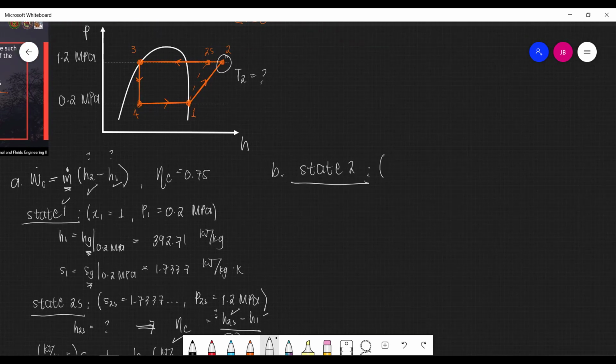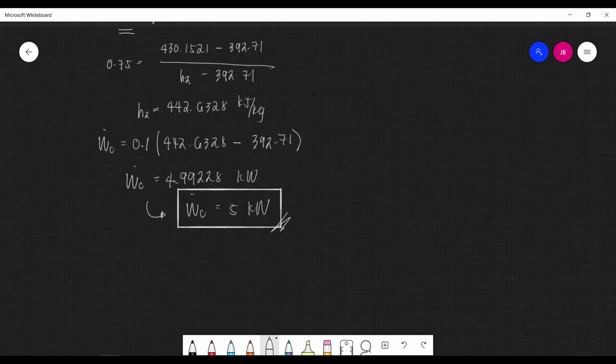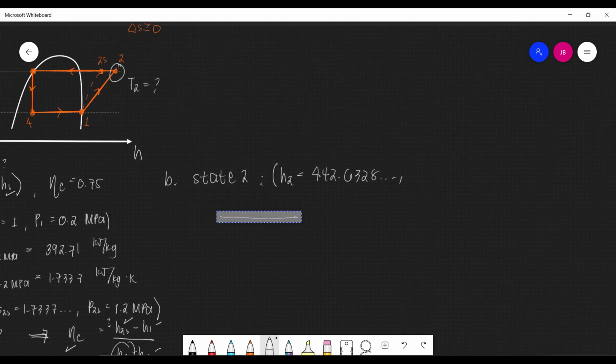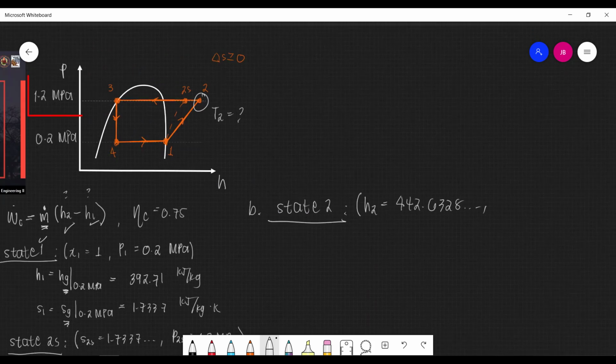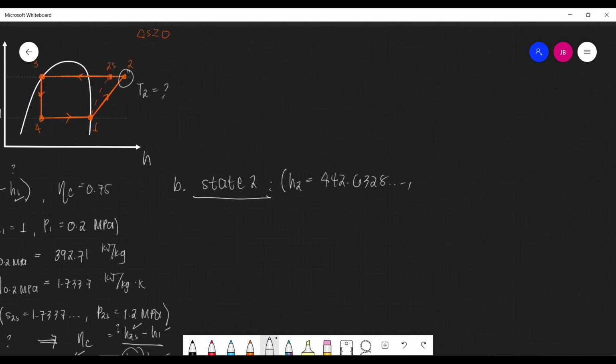Well, what we know about state 2 is that the enthalpy is equal to 442.6328. I'm not gonna write the units anymore kasi sinulat ko na siya kanina. We know that the pressure here is equal to 1.2 megapascals.